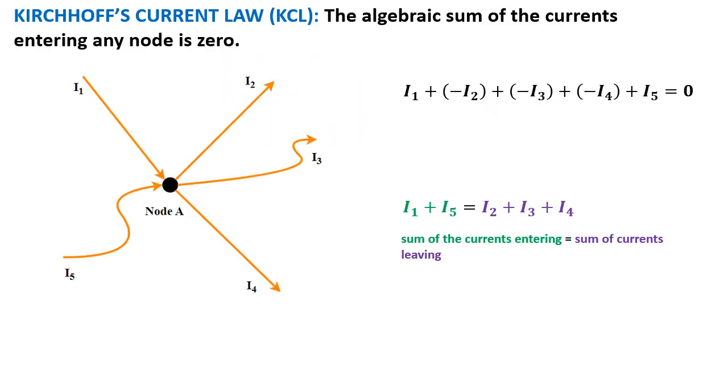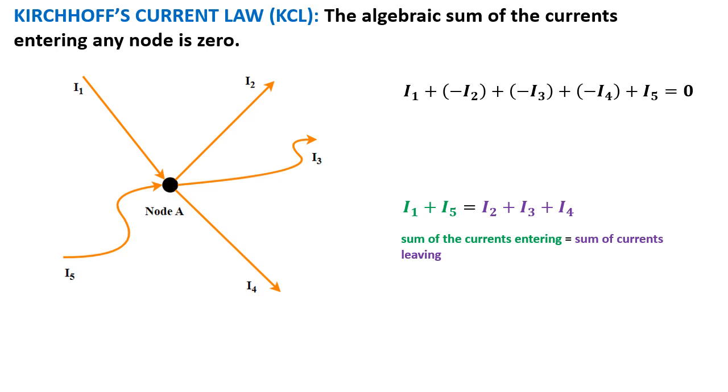Now, let's start with KCL or Kirchhoff's current law. According to KCL, the algebraic sum of the currents entering any node is zero. So, for example, at node A in the figure shown on your screen, there are five currents involved. We have I1, I2, I3, I4, and I5.